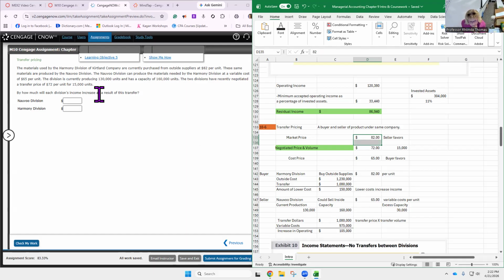All right, so one more time. The two divisions have recently negotiated a transfer price of $72 for 15,000 units. Well, the 15,000 fits into the excess capacity. Does the order fit into excess capacity? Yes, it does, because it's 15,000. I'll put fits in excess capacity.